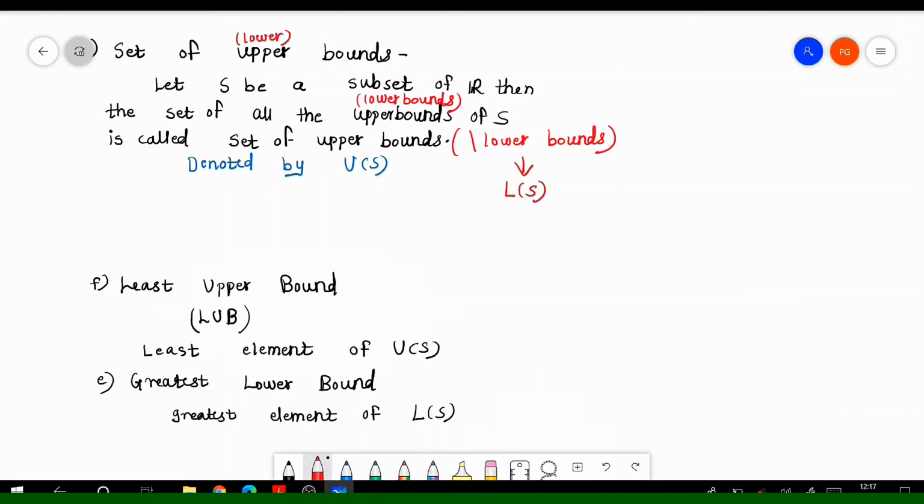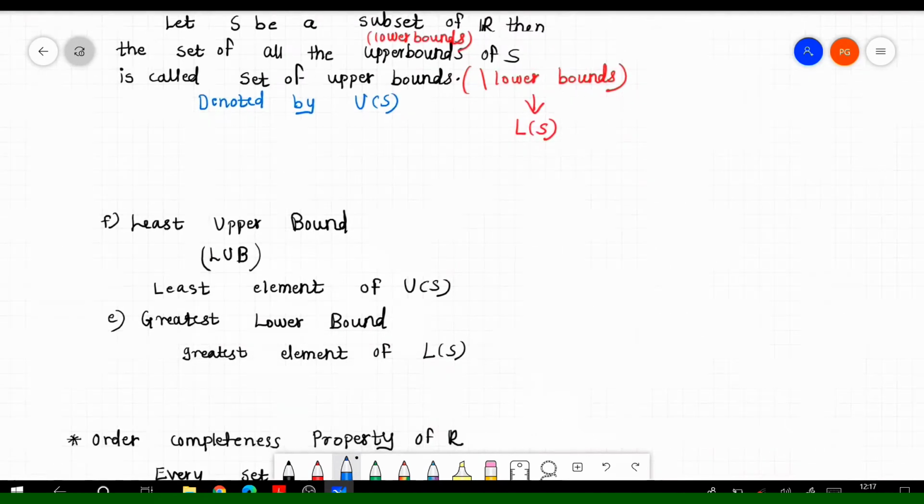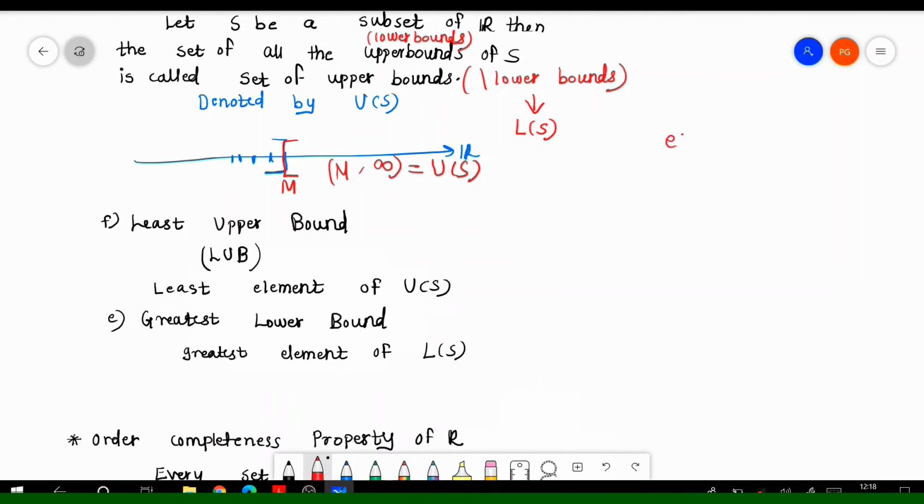Now let us see what is the set of upper bounds. So if you have R in which you have elements of S like this, such that this is suppose the last element after which there does not exist any element of S, then from this element, suppose this is M, M to infinity is said to be the set of upper bounds, and it is denoted by U of S. For example, we will consider the above example 1, 2.